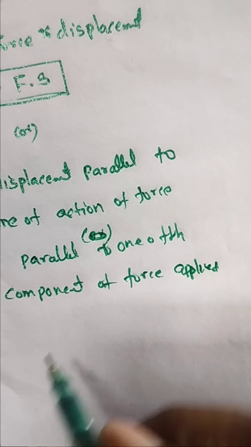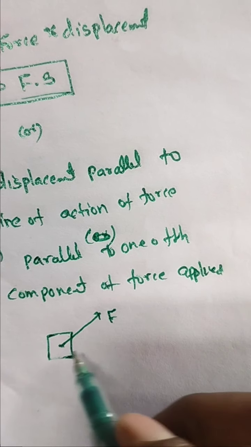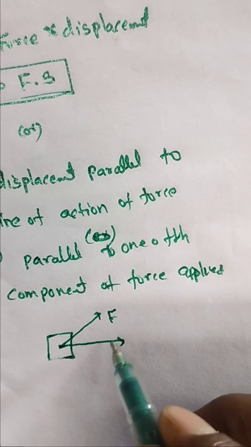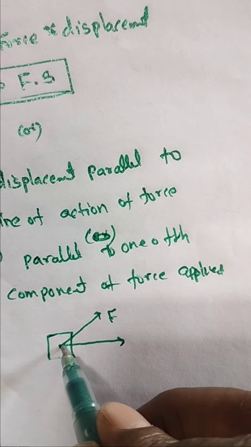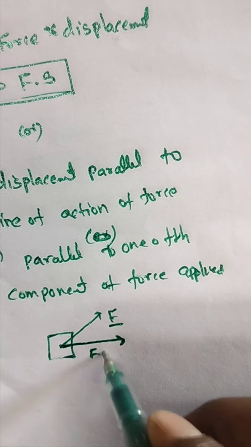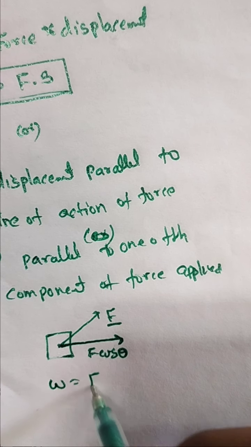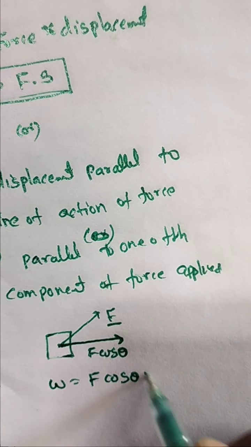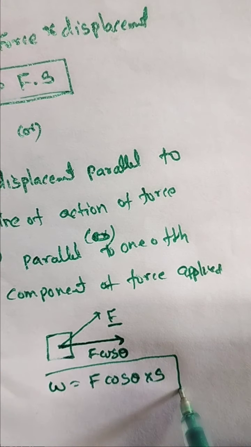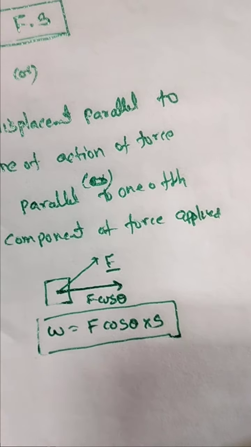So that means this is one object, the force F is acting, and the object is displaced in this direction. What is the component of force? F cos theta. So that gives the work: W is equal to F cos theta into S. So this is called work done.